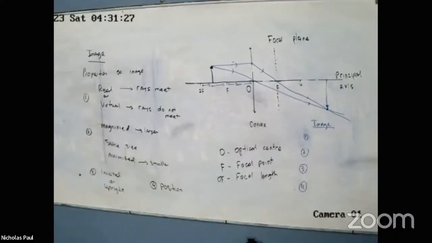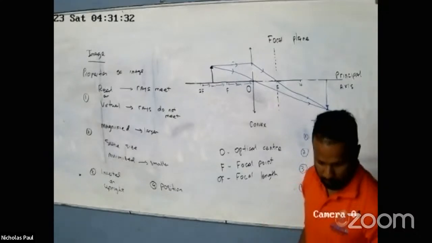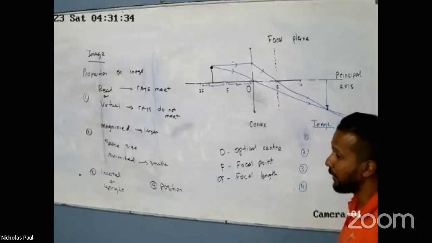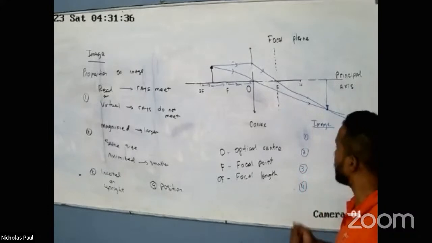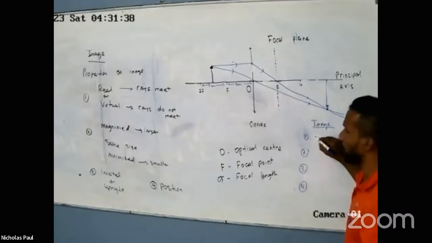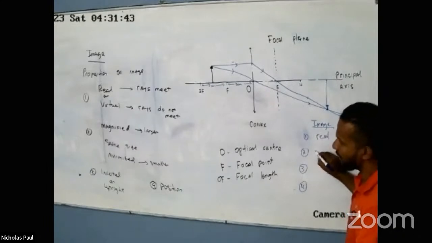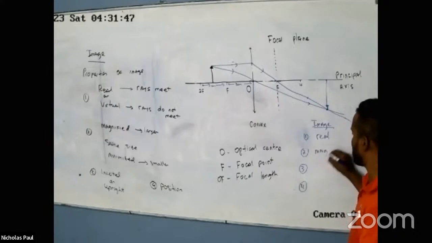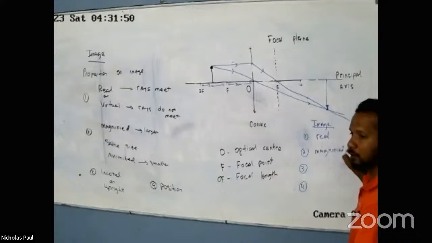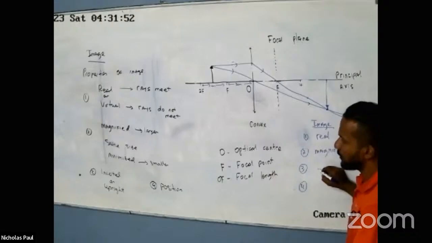All right, good job, Kiran, Arian. Let's now check it out. See if we're correct. Jaden, let's go. Real or virtual? Real, very good. Alina. Magnified, same size or minimized? Magnified, good job. Vishal. Inverted or upright? Inverted.